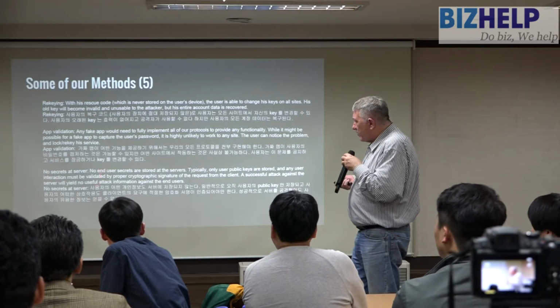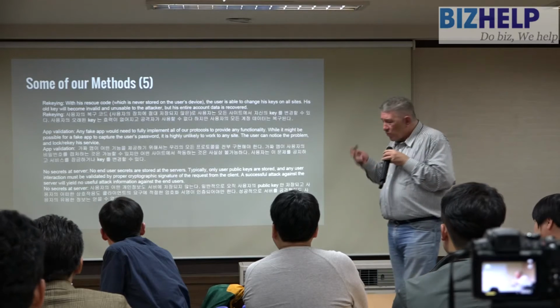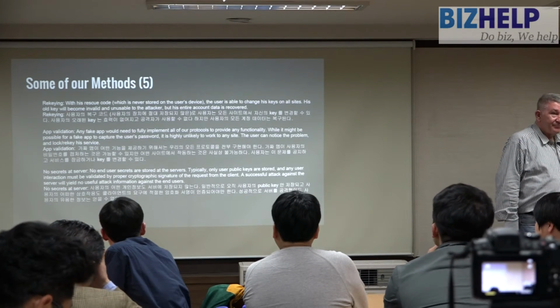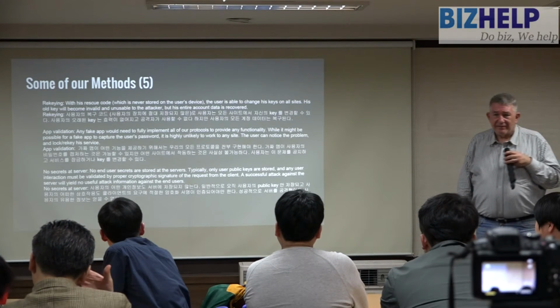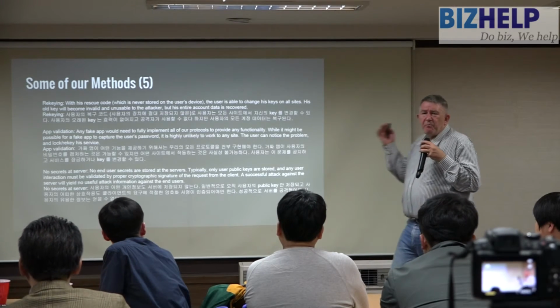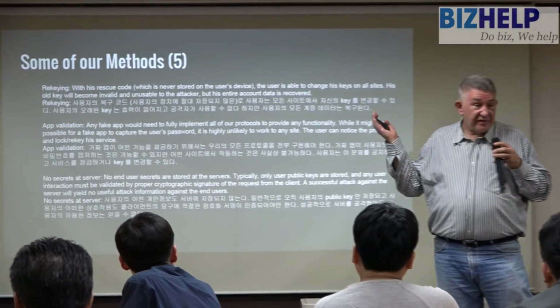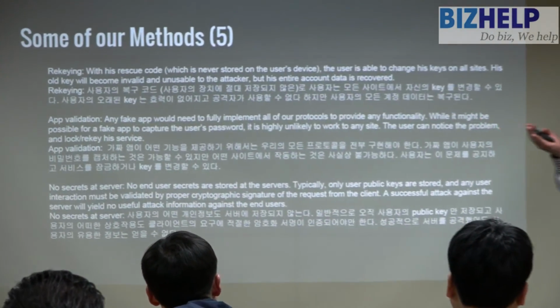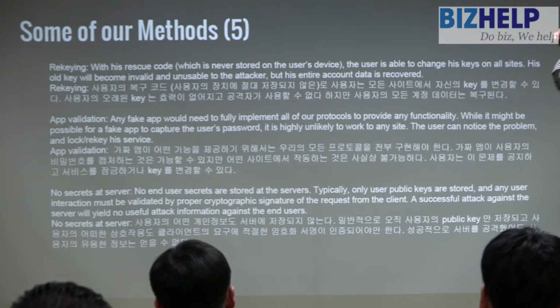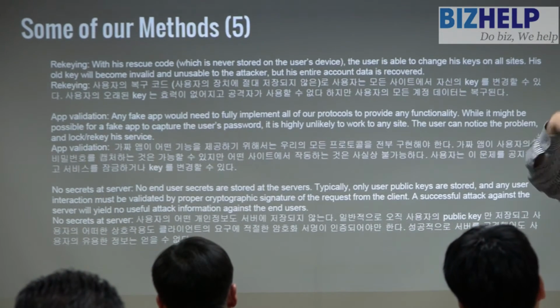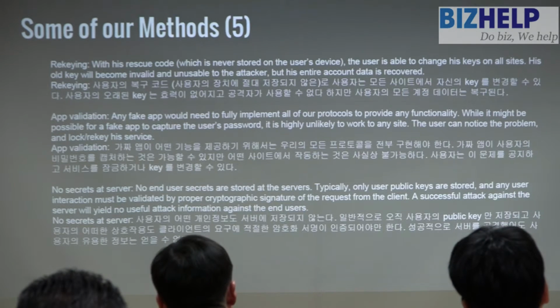A key point in our architecture is that we don't keep secrets at the server. The biggest problems we've seen over and over again is some bad guy hacks into a server, gets the encrypted password database, but then can take it away and go work on it and learn all the passwords.